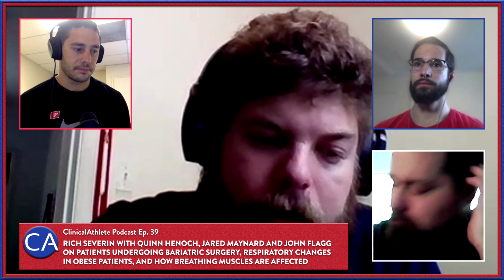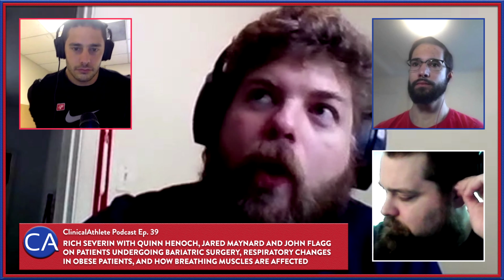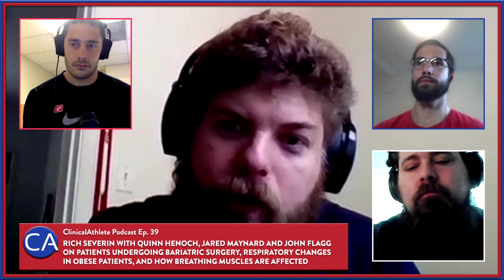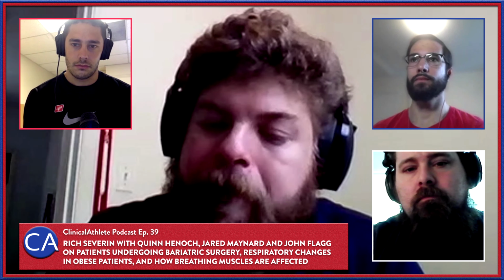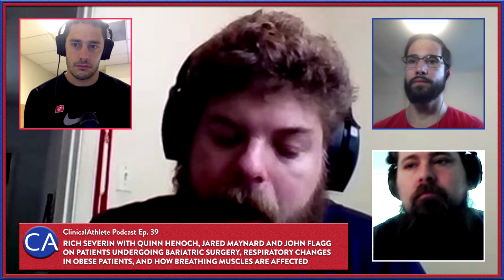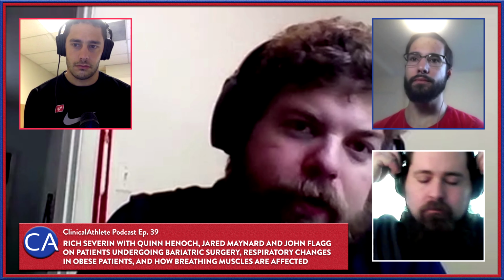One, we see a lower volume. At the end of expiration, there is a little bit of air remaining in your lungs. You don't fully collapse your lungs when you breathe out, right? There's always a little bit of air remaining. In obesity, because of the higher truncal fat, we alter the force couple relationships between the outward pull of the chest wall and the inward pull of the lungs.